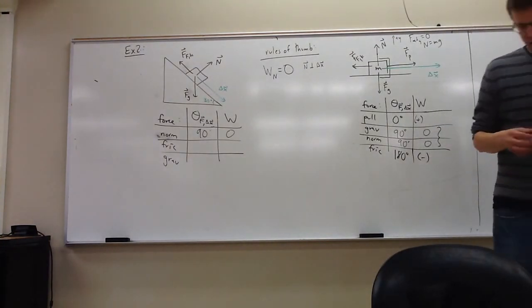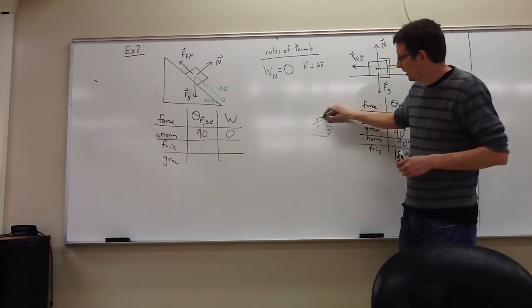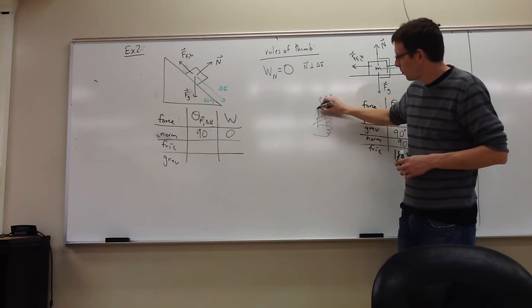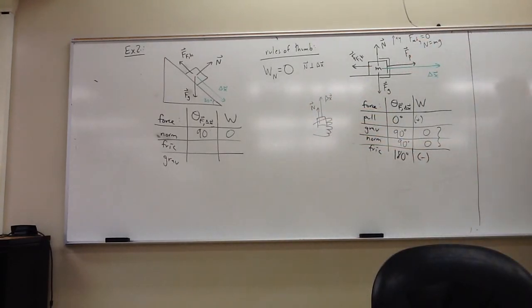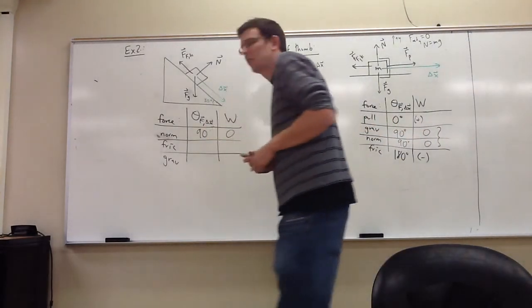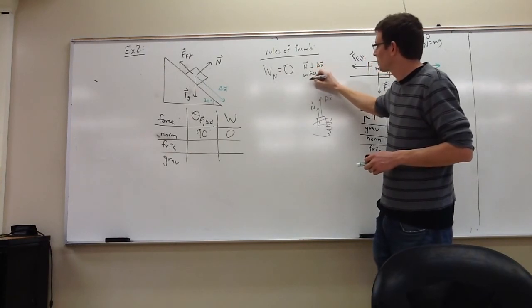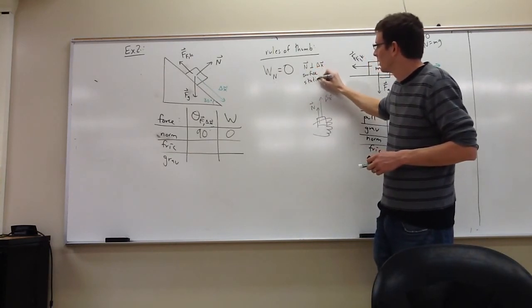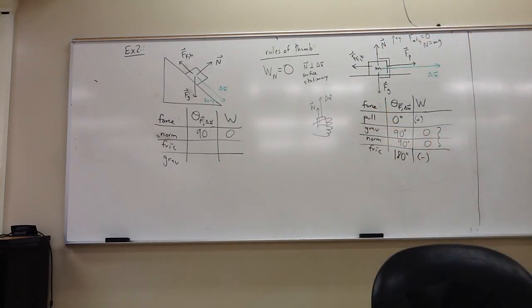For instance, if you're lifting something in your hand, its displacement is upward, and the normal force is also upward. So then they're not 90 degrees. Notice that the hand itself has to be moving, right? So this is true when the surface itself is stationary. As long as you don't have some crazy situation where the surface itself is moving, you can count on this.